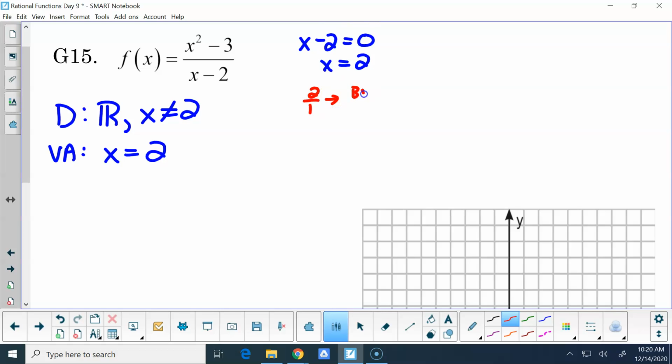So that is a big over small case, yes, but it also differs by 1. So my horizontal asymptote would be none, but I'm going to put a little asterisk by it too, because it differs by 1, and we just learned on the last slide that tells me we have a slant asymptote. Okay.